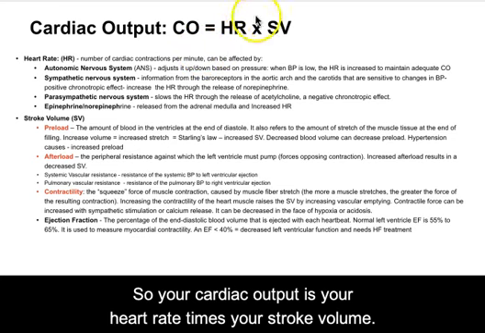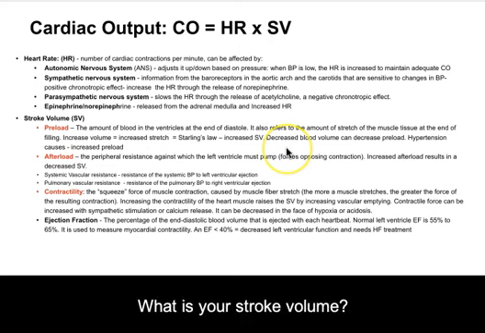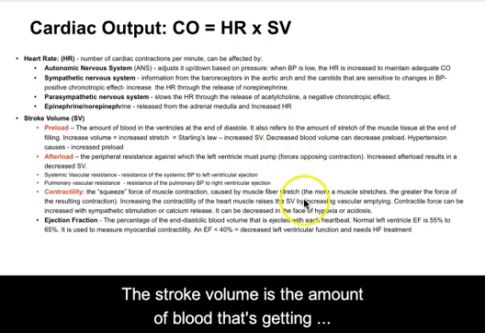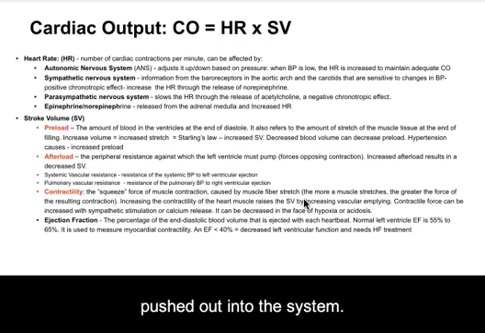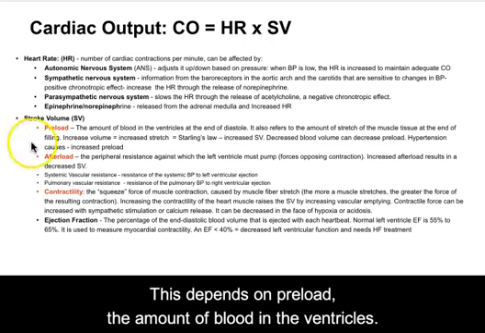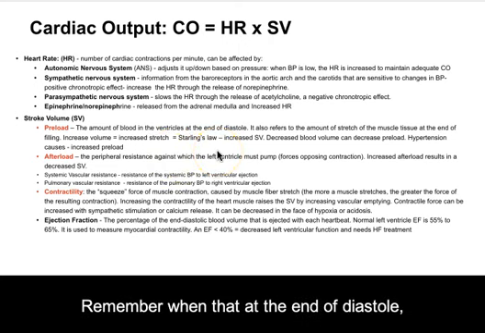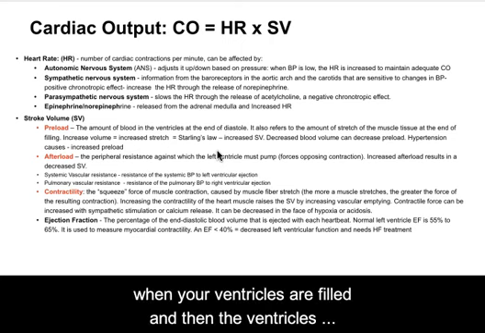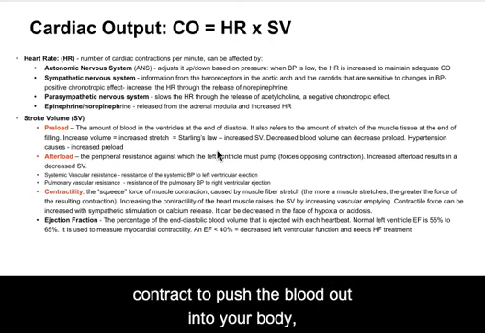So your cardiac output is your heart rate times your stroke volume. What is your stroke volume? The stroke volume is the amount of blood that's getting pushed out into the system. So this depends on preload, the amount of blood in the ventricles. Remember, at the end of diastole, when your ventricles are filled, the ventricles then contract to push the blood out into your body.